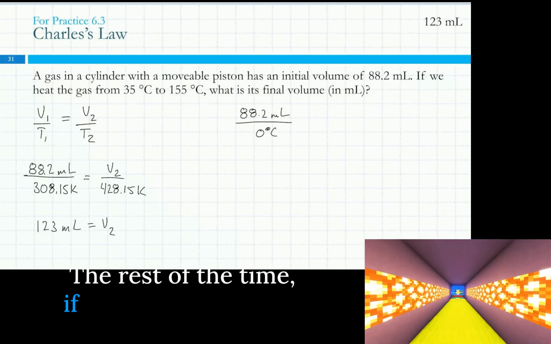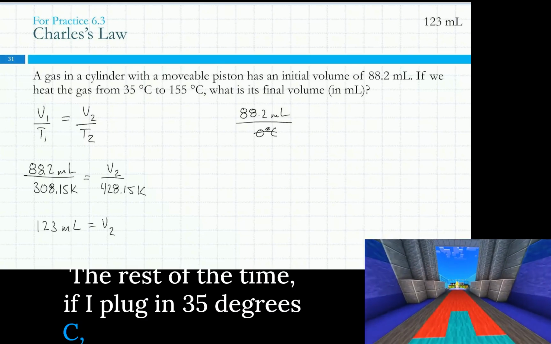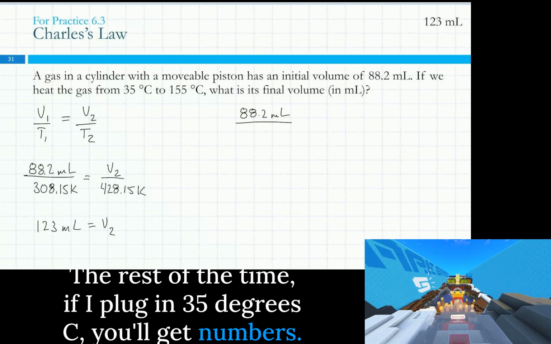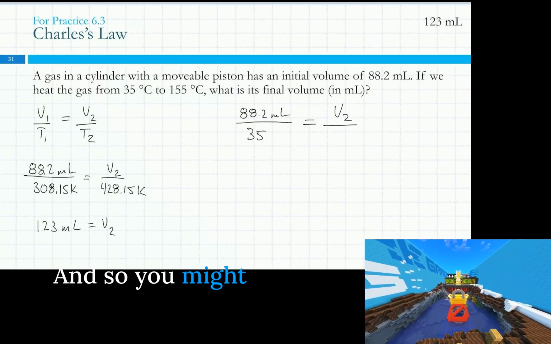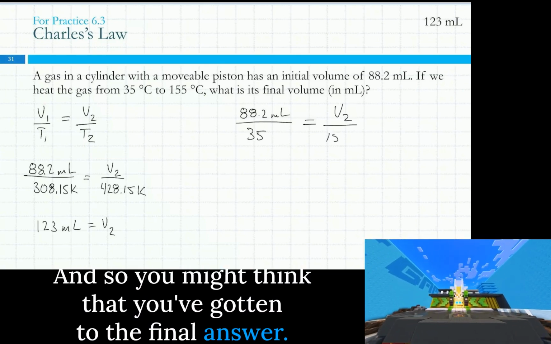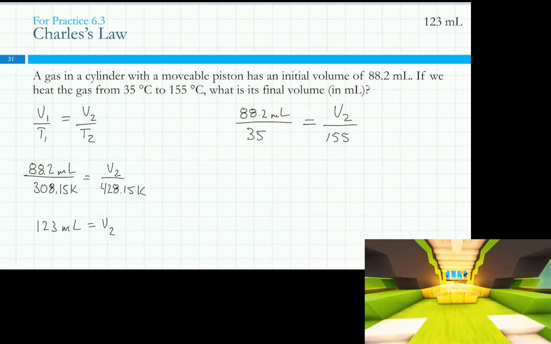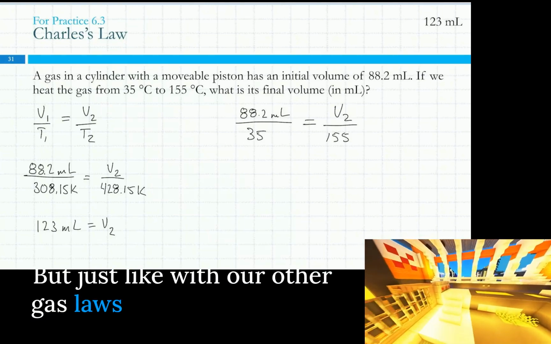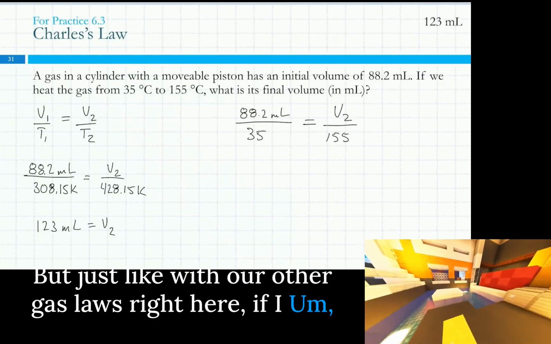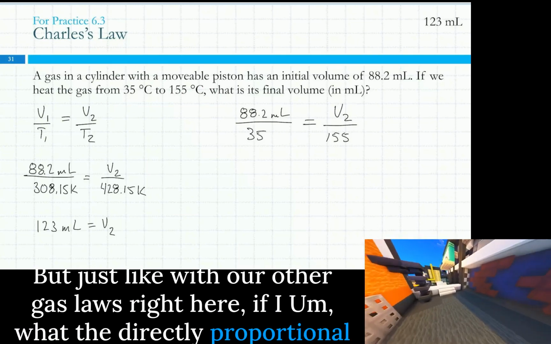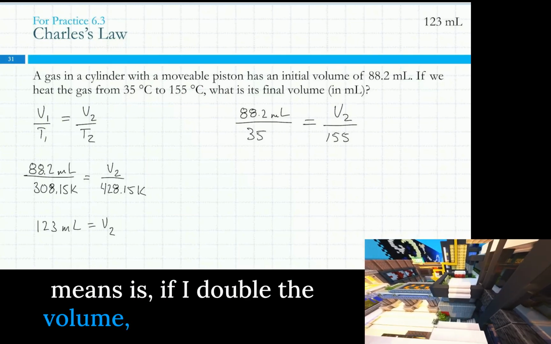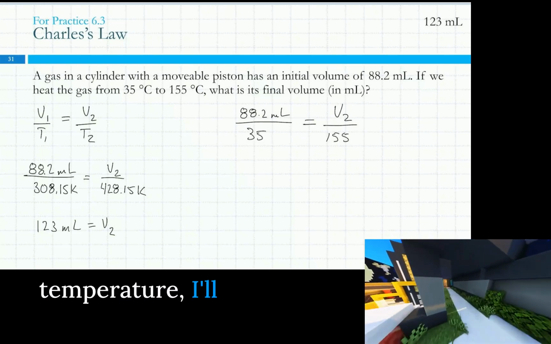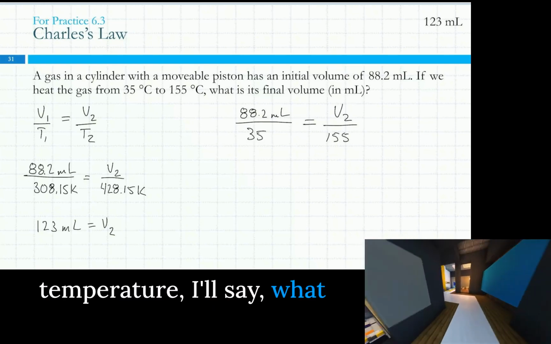That's the only time where your calculator will outright not calculate this. The rest of the time, if I plug in 35 degrees C, you'll get numbers, and so you might think that you've gotten to the final answer. But just like with our other gas laws, directly proportional means that if I double the temperature, what should that do to my volume?